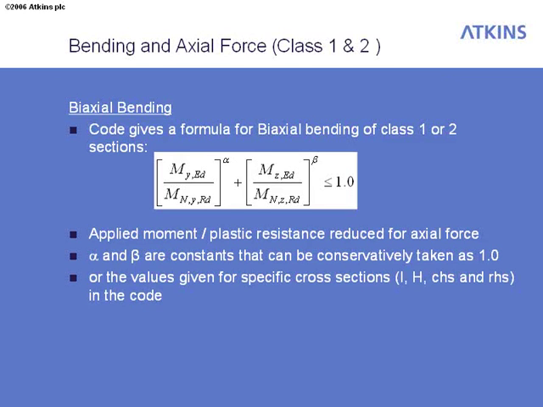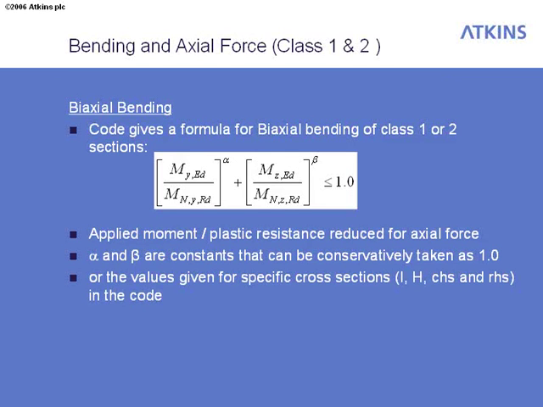For this calculation, we can use the same principles as we've been through over the last couple of slides, where we just reduce the moment resistance by removing components to resist both the axial load and the biaxial moment. And there is a formula that is provided in the code, and that's the one shown on this slide here.